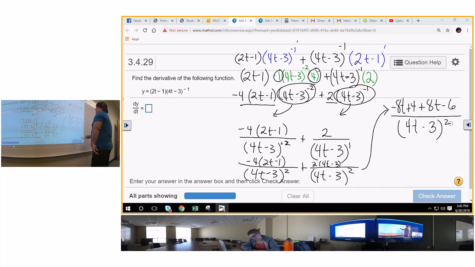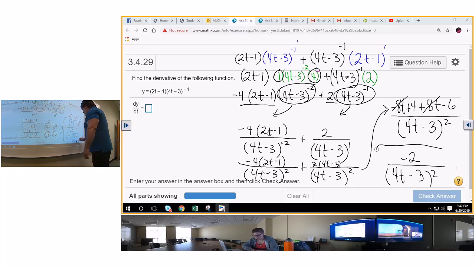And the 8t's cancel. And 4 minus 6 is -2. So that's going to give us -2 over 4t minus 3 to the second power. Did y'all get that?